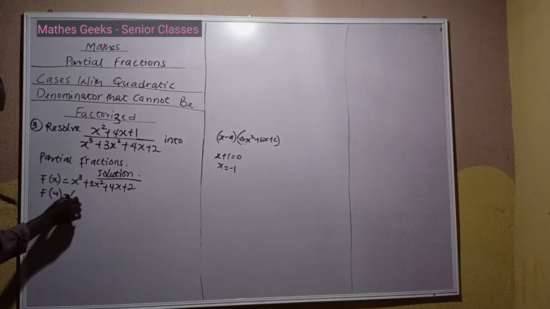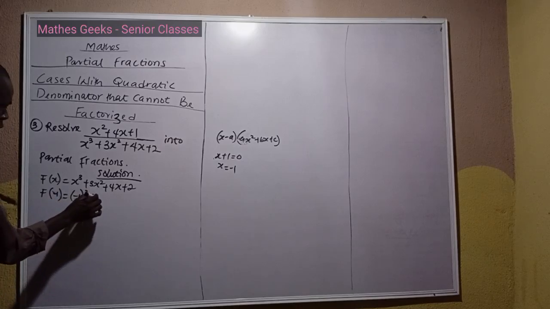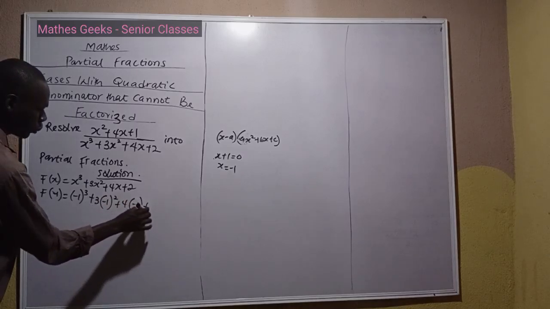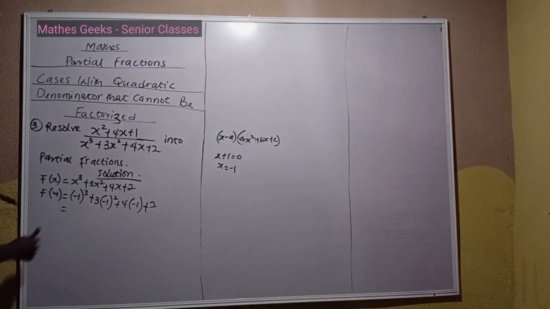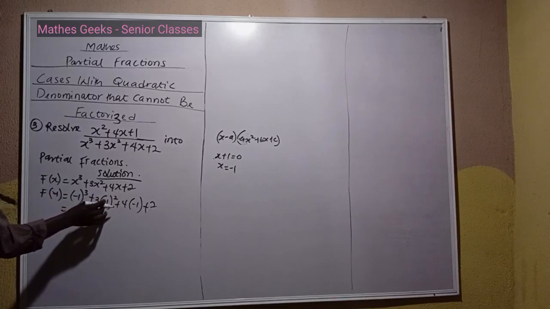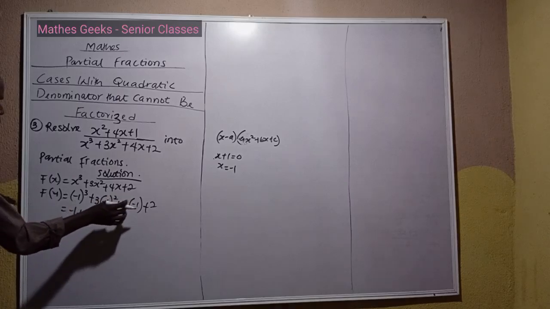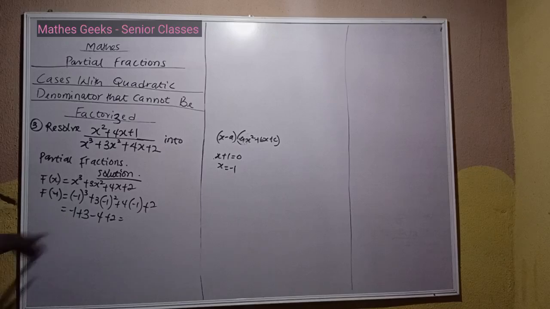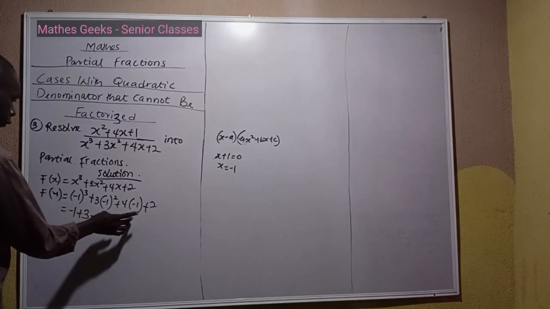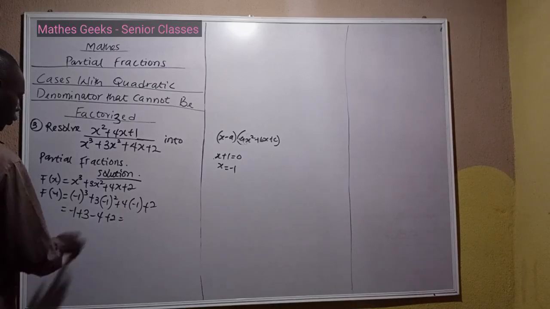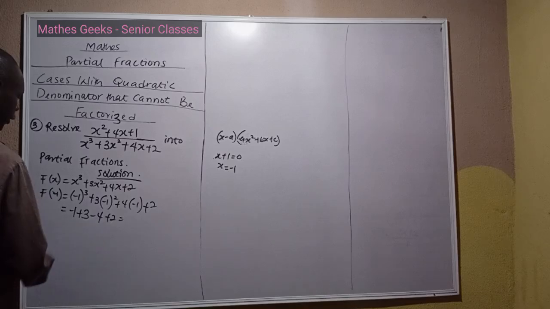So let's see. Minus 1 to the power 3 plus 3 times minus 1 squared plus 4 times minus 1 plus 2. Minus 1 to the power 3 is minus 1. Minus 1 to the power 2 is 1, and 1 times 3 is plus 3. Plus 4 times minus 1 is minus 4, plus 2. Let's do our addition and subtraction. Minus 1 plus 3 gives us 2. 2 plus 2 is 4. 4 minus 4 is 0.